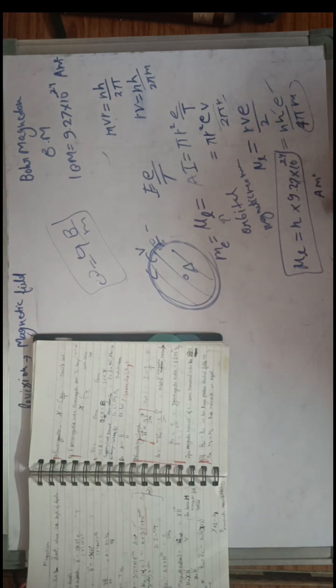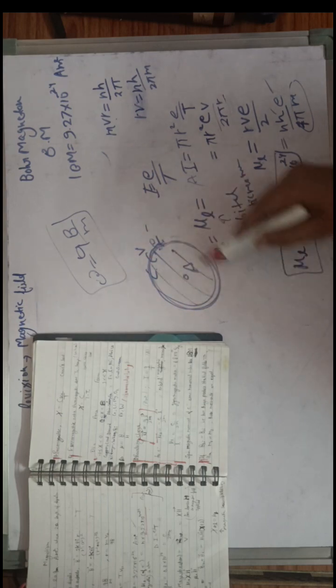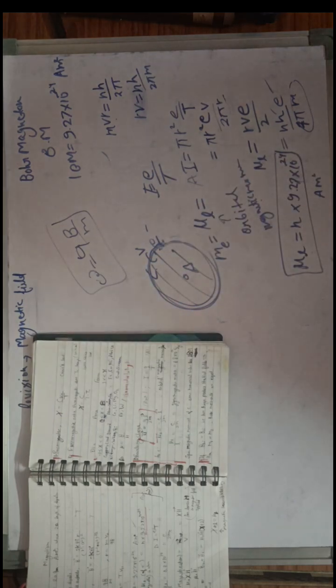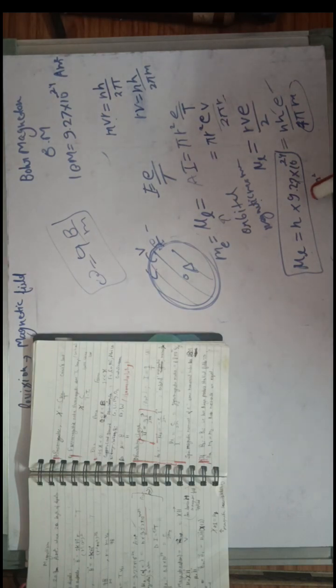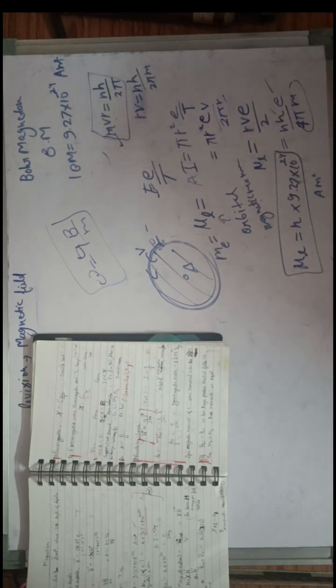This is the value of the magnetic moment of an electron orbiting in any atom. So this value is called one Bohr magneton. That's why the word Bohr comes here, since we have used the concept given by Bohr.